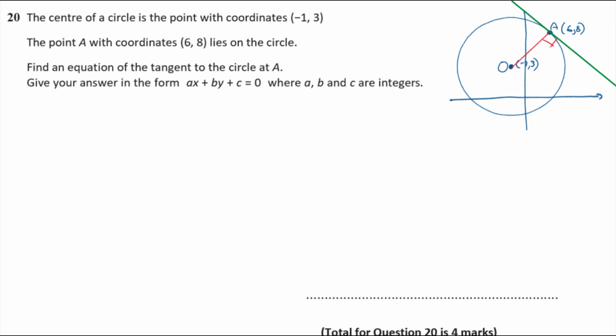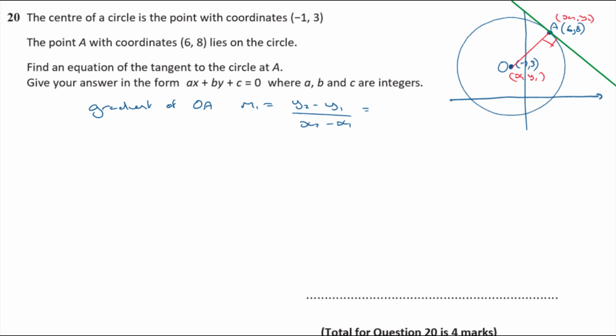Gradient of OA. So how do we find the gradient of a line given 2 points? Well, we've got that formula, don't we? Gradient is y2 minus y1 over x2 minus x1. So that's what I'm going to use here. I'm going to say that this one is x1 y1 and this one is x2 y2, and sub it into this.